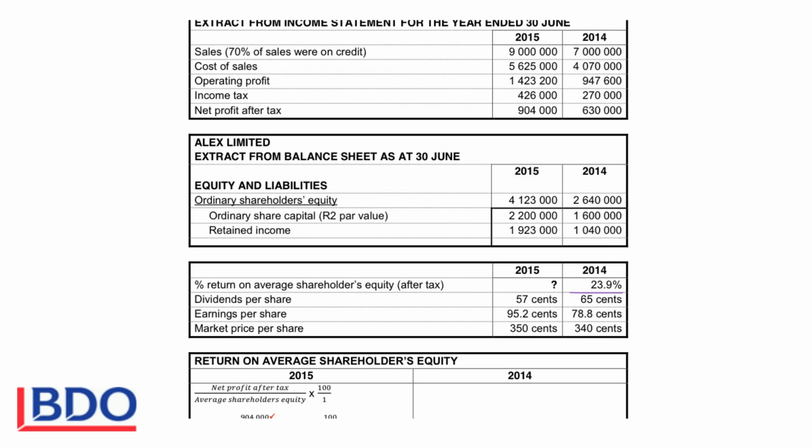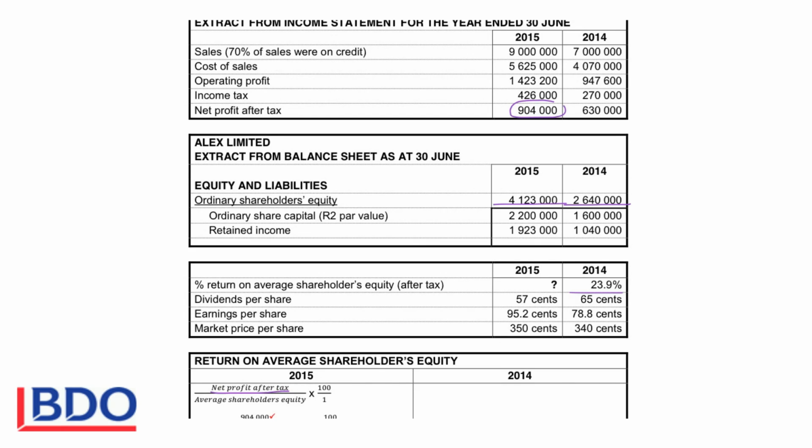To calculate the return on shareholders' equity, we need the profit after tax. So for 2015, the profit after tax was provided as 904,000. And then we have to calculate the average shareholders' equity, and the shareholders' equity for 2014 was 2640, and for 2015 4123.